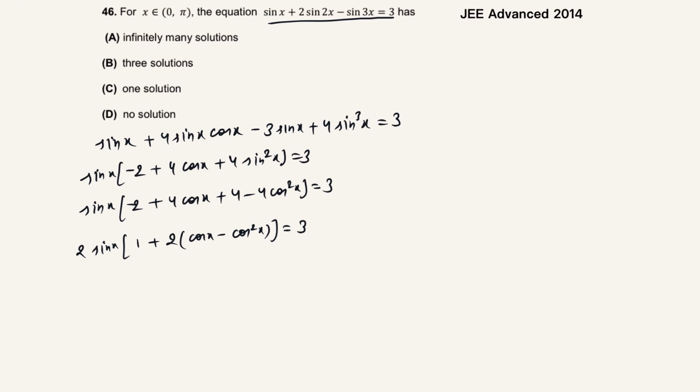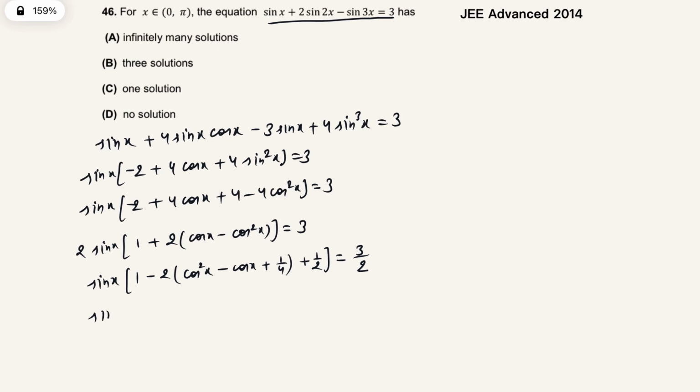We can see that in the bracket, this term we can convert into a whole square. So let's do that. So we have sine x into 1, and I take minus 2 common, because then we will have the cos square x term positive, and we add 1 by 4, and since we subtracted that, we add 1/2, and this is equal to 3 by 2.